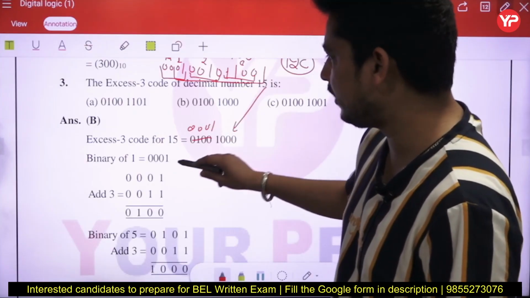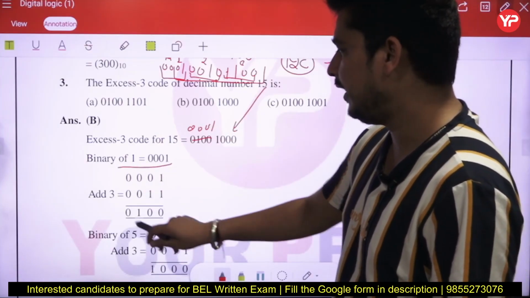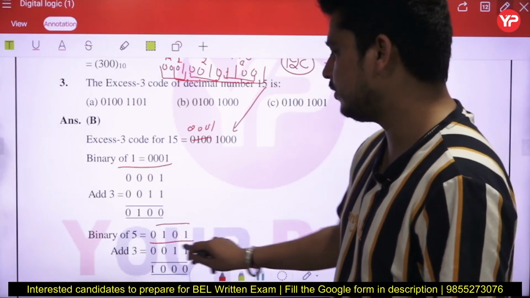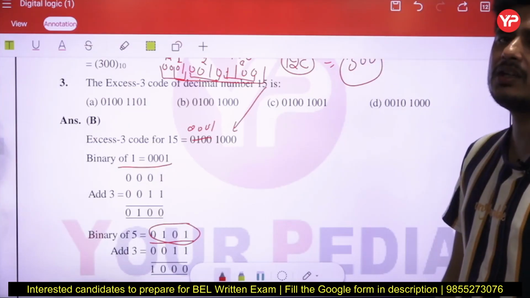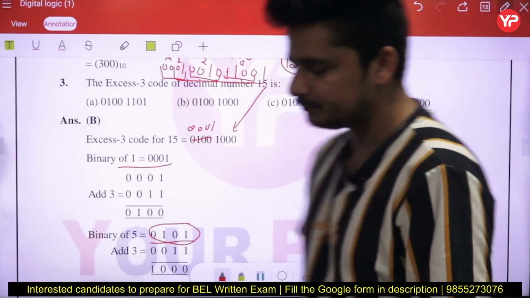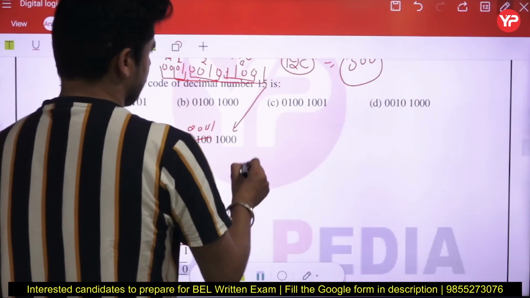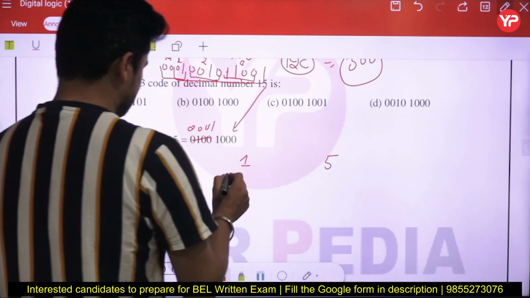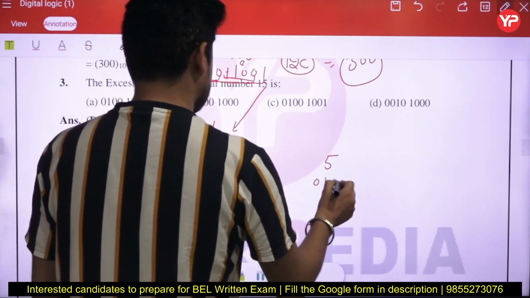So first you have to write the binary number for 1, that is 0001, and then the binary number for 5, that is 0101, and individually add the 3 in each digit, right? So the BCD number for this is 0001 and 0101.